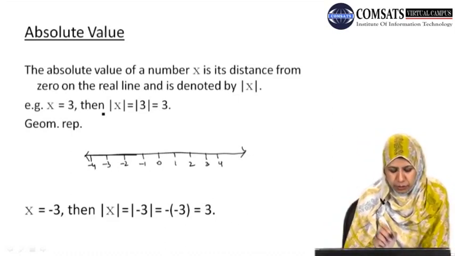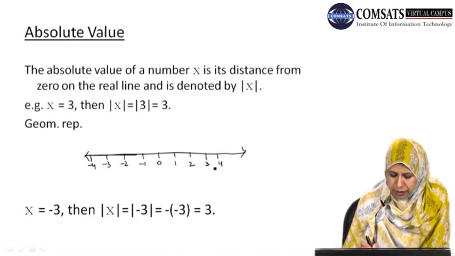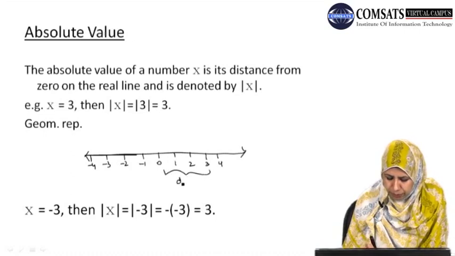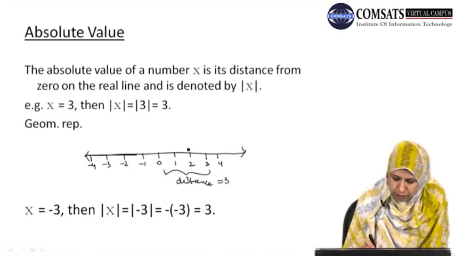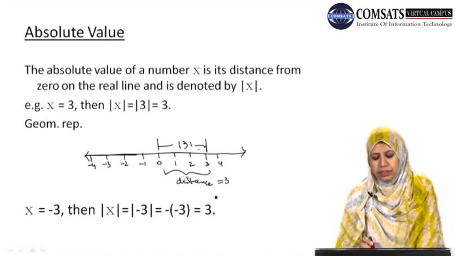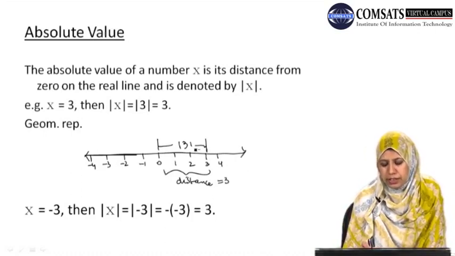Now the number x equal to 3 means that its distance from 0 is equal to 3, and this portion represents the absolute value of 3. That is, this portion is 3 units, that is, this number x has a distance of 3 units from the origin 0.